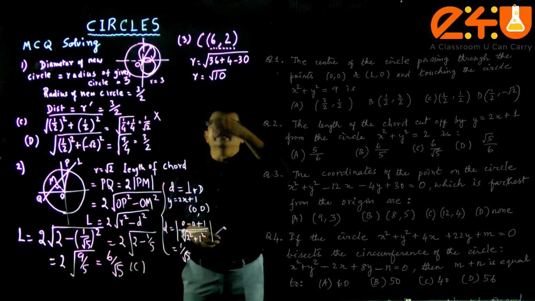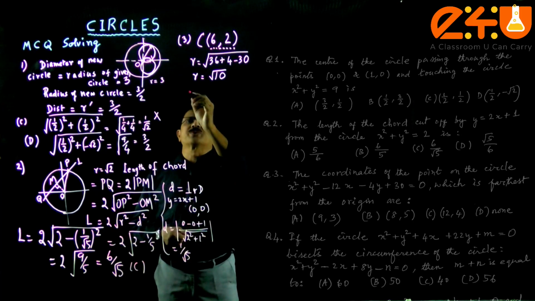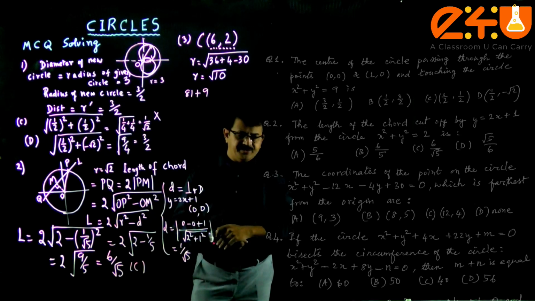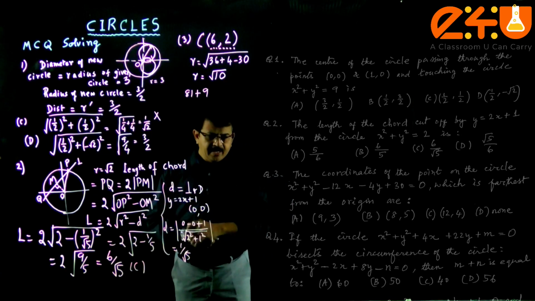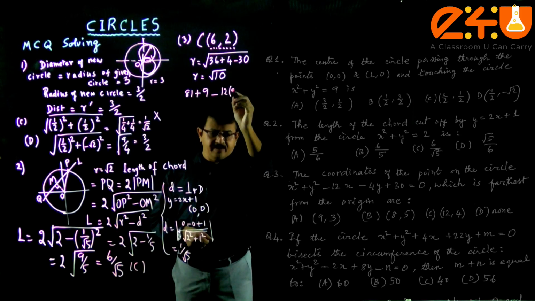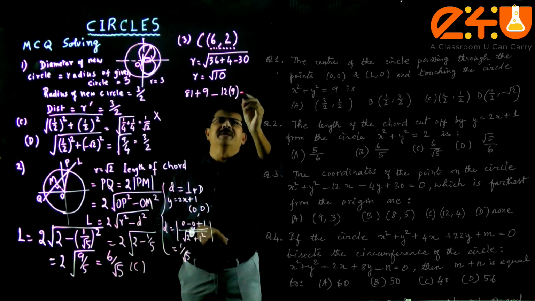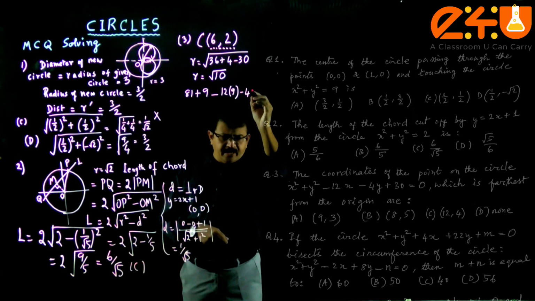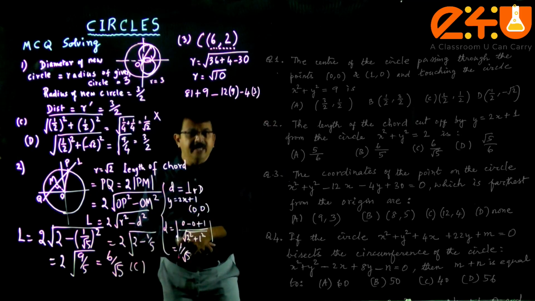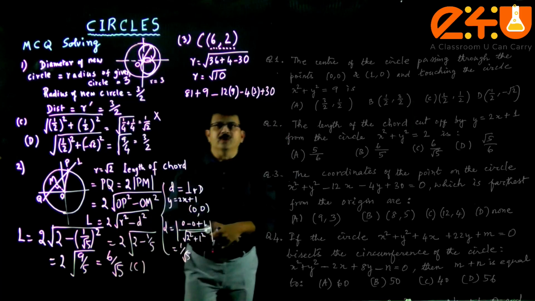Before putting it in the distance formula, we will put it in the circle equation. x squared plus y squared gives 81 plus 3 squared, 9, minus 12 times 9, and minus 4 times the y coordinate, that is 3, and then you add 30 also.